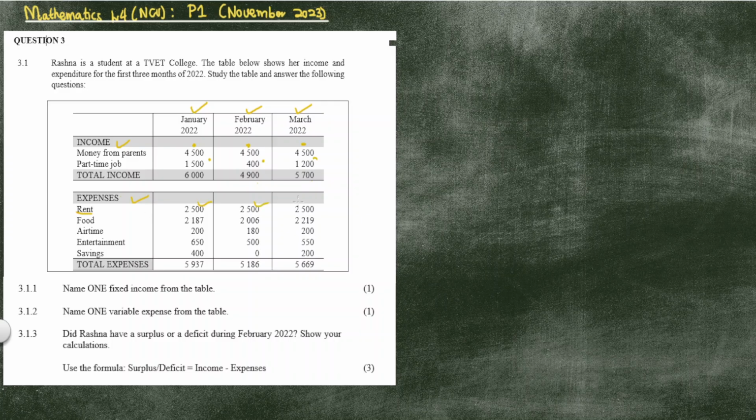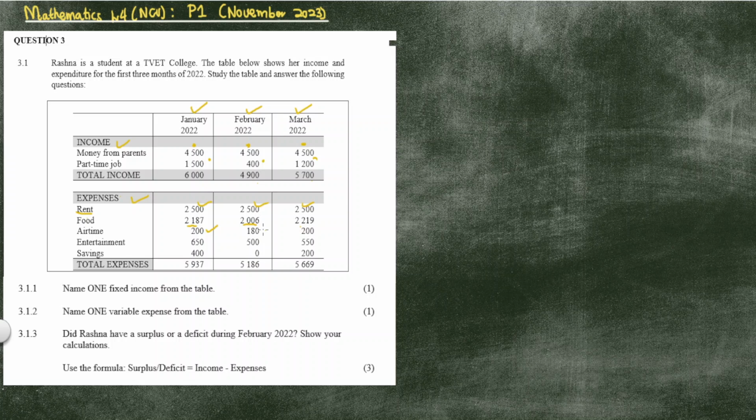It hasn't changed. Food fluctuates, right? I think it could be that maybe for the food, somewhere in between, she was also getting takeaways, making it increase and decrease. I don't know. There could be some other reason making it fluctuate.